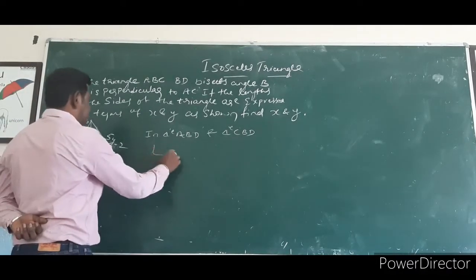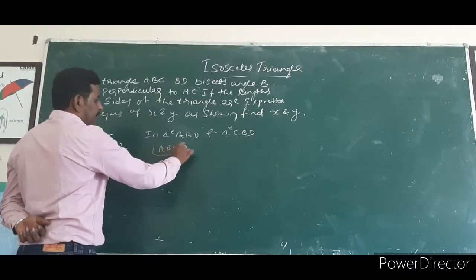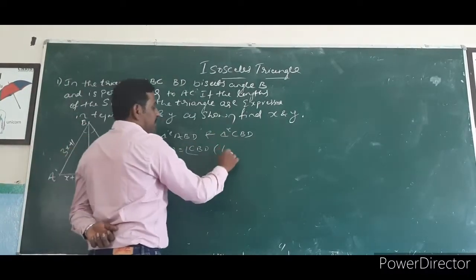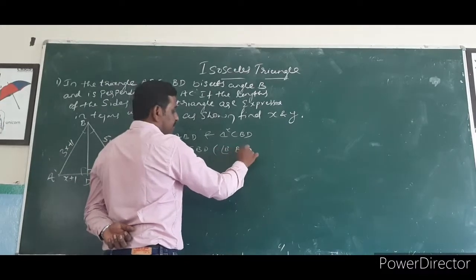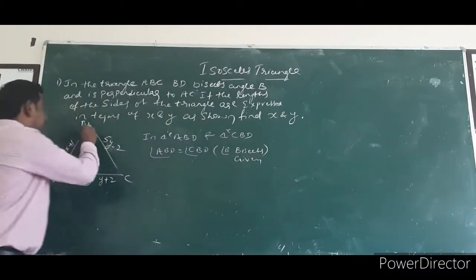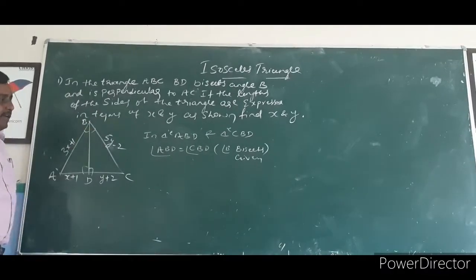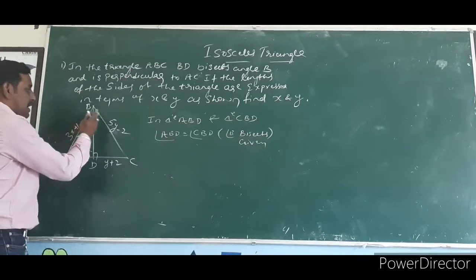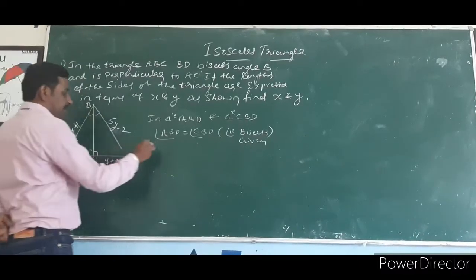Angle ABD is equal to angle CBD because BD bisects angle B, which is given. If it bisects, it means angle B is equally divided into two parts, so these two angles are equal. BD is the common side.